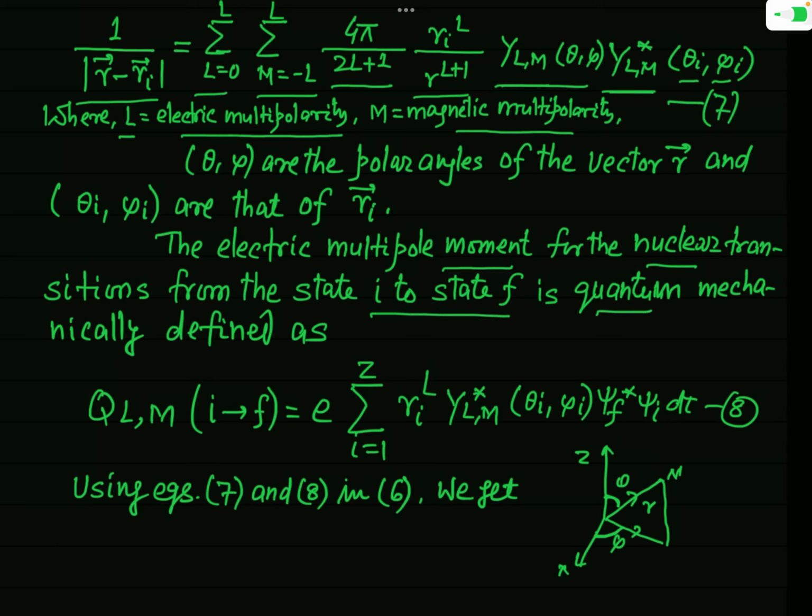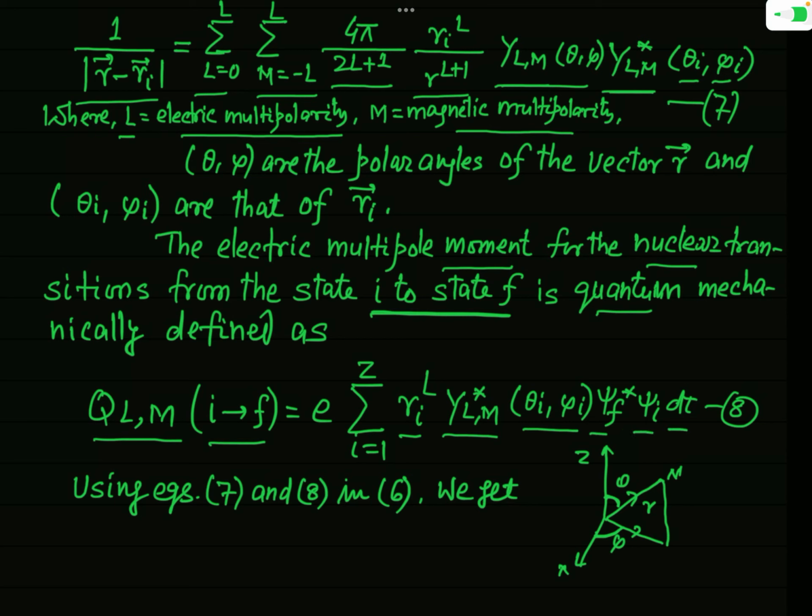So what was I telling? I was telling you that the multipole moment for the nuclear transition from state I to F is quantum mechanically defined as Q_LM, I to F. This is e times the summation over i from 1 to Z of r_i to the power L, Y_LM star of theta_i, phi_i, and psi_f star psi_i d tau.